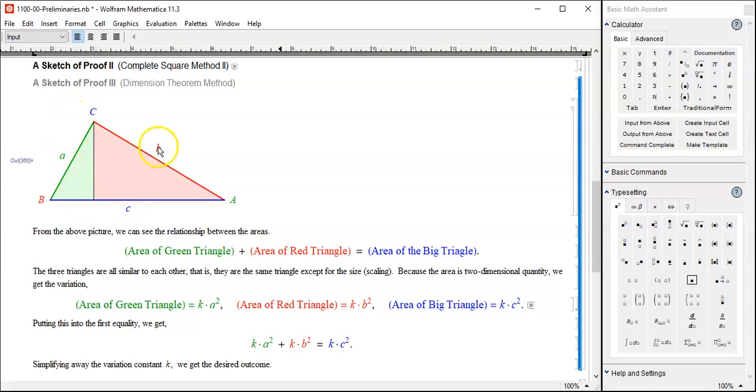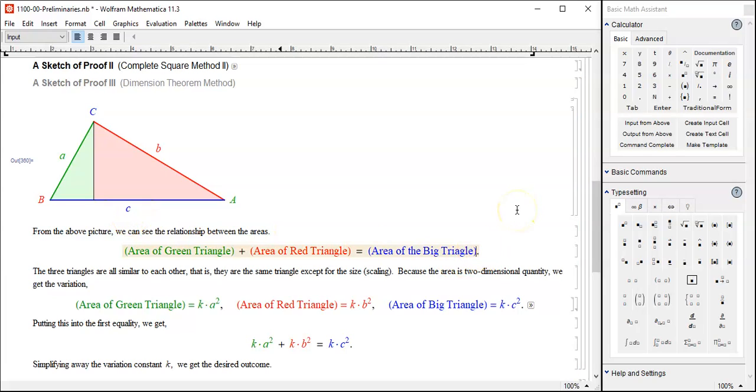And then this one is A, B, and C. So the area will be area of green plus area of pink is area of blue, the bigger one. And the areas will be Ka squared plus Kb squared equals Kc squared, where the proportional constant K will cancel out. So we have the Pythagorean theorem.